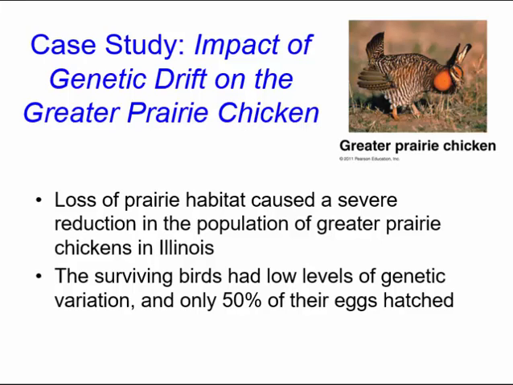This is a great study on prairie chickens, through loss of habitat in specific states. We're using the example of Illinois here. You had a huge bottleneck, and even though the population has rebounded, this has long-lasting effects.